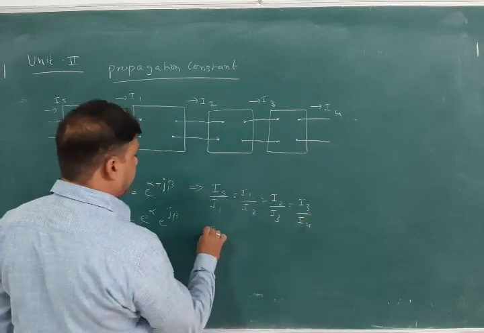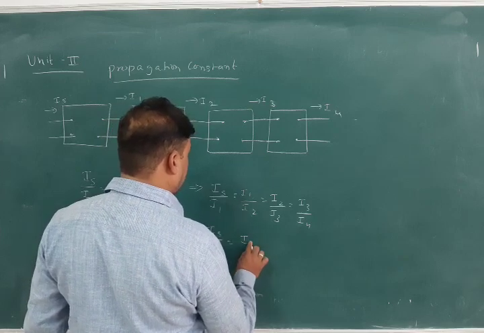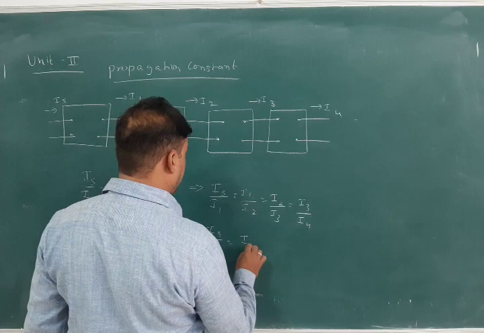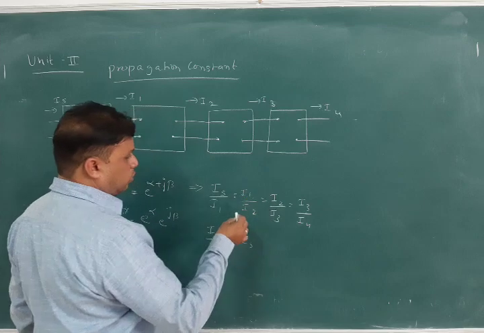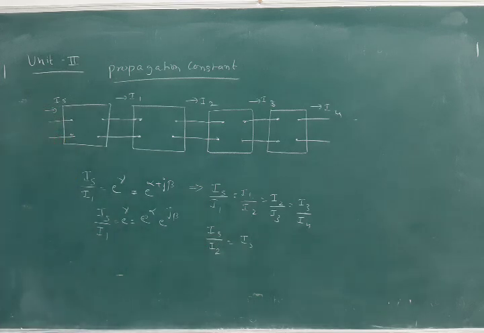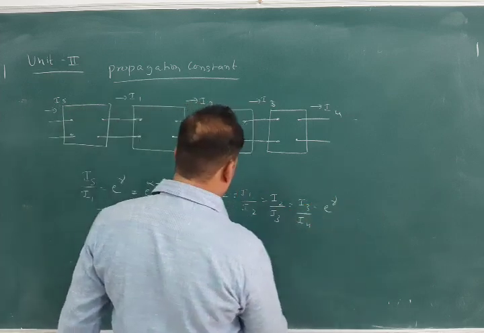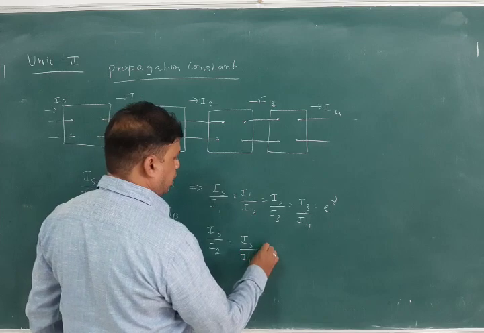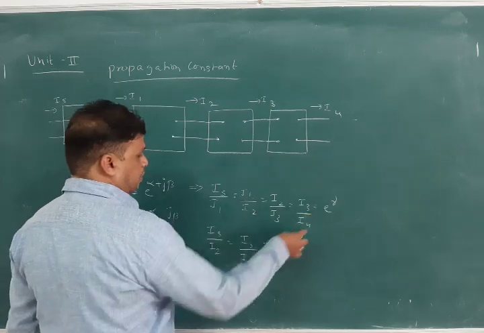Like that, IS by I2 can be written as IS by I1 into I1 by I2, and we can write the next as I2 by I3. You can write this completely. Here IS by I1 into I1 by I2: I1 by I2 is nothing but e power gamma, and IS by I1 is also e power gamma.